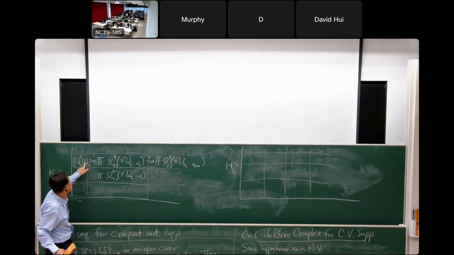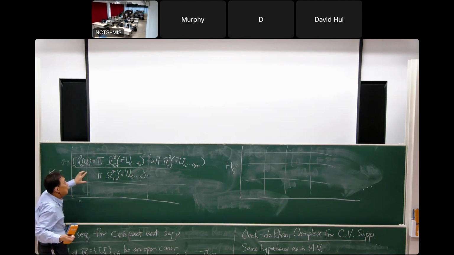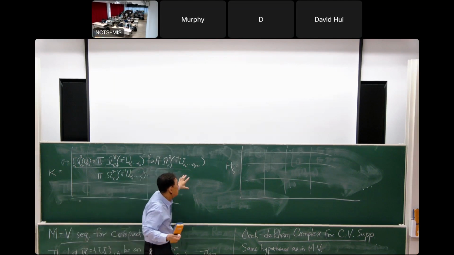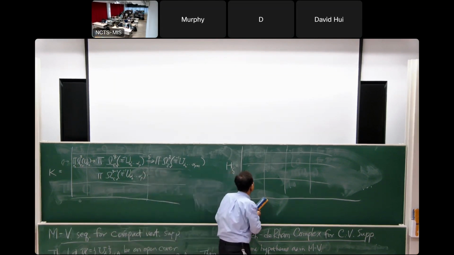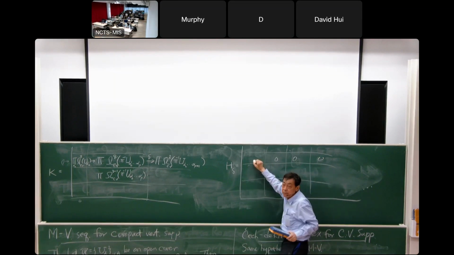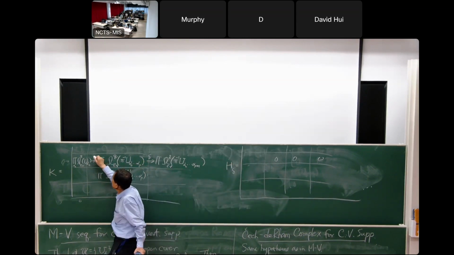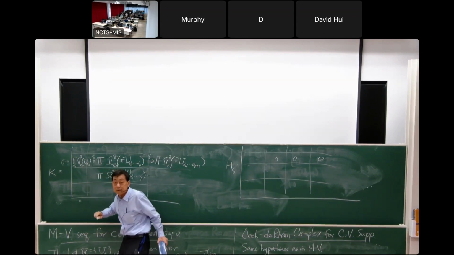When you take H_δ, you need to take the kernel of this map over the image, but there's nothing before, right? So when you take H_δ, the sequence is exact everywhere, except for the 0th column. And in the 0th column, you need the kernel of the first δ.